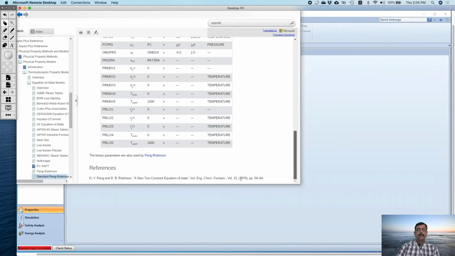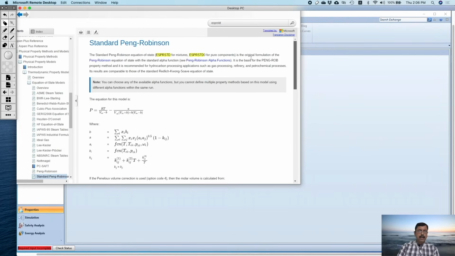This means the source of information or source of modeling is authentic. Aspen Plus is using an authentic modeling technique to do all the calculations, so it's quite reliable.